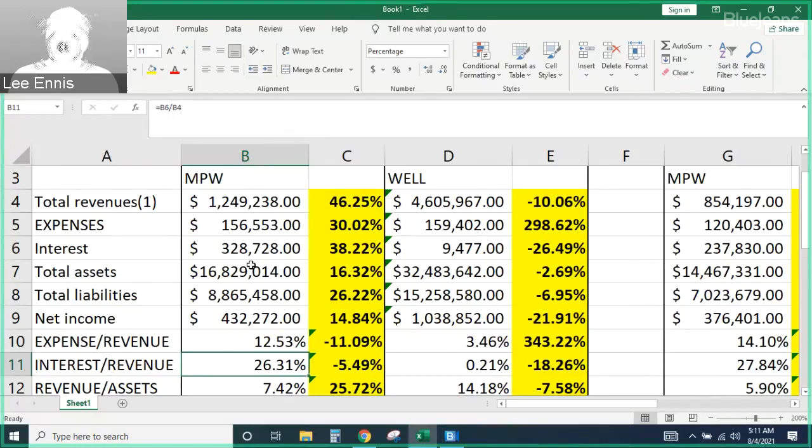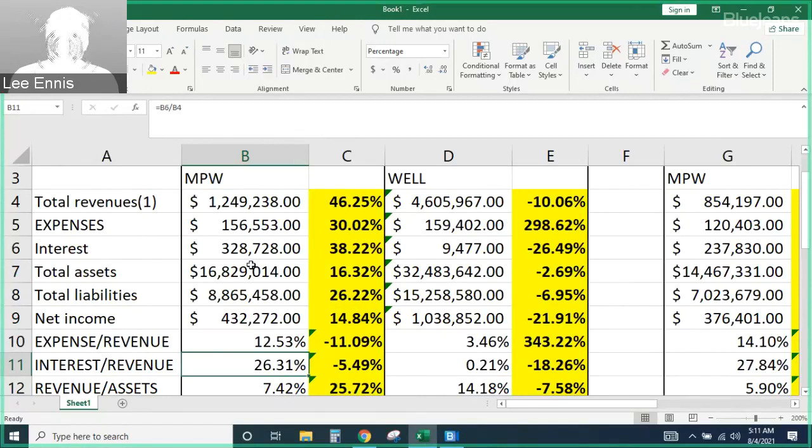Interest expense. Now I'm going to say, this is straight up management, right? I mean, again, bigger companies tend to get better deals, but this is a huge difference, right? So Welltower is spending not even 1% of their revenue on interest, whereas MPW is spending 26%.